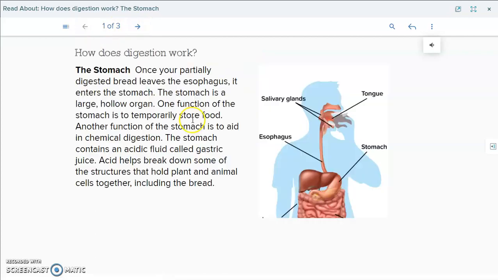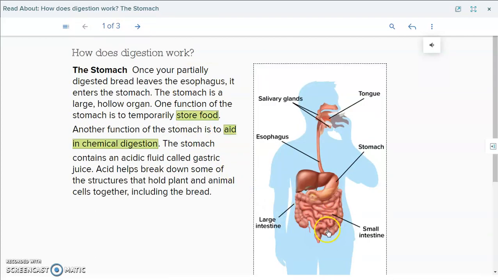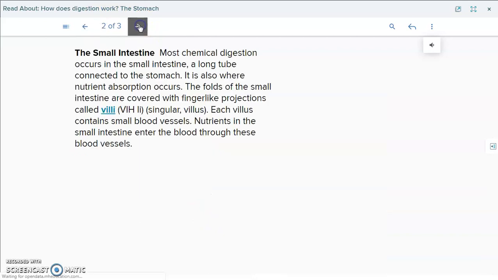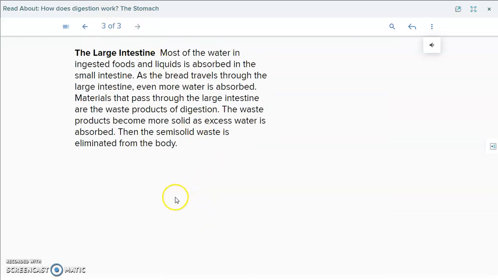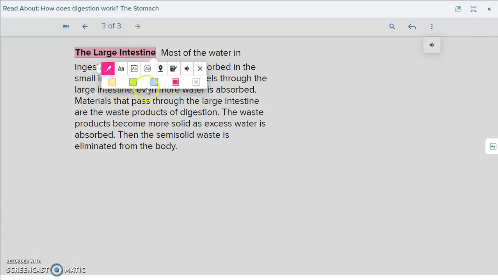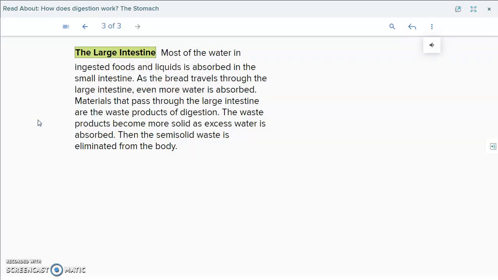After the food leaves the small intestine, it's going to go to the large intestine. It's also a muscular tube, called the large intestine. We are going to see what the function of the large intestine is. First of all, I want all of you to highlight large intestine.